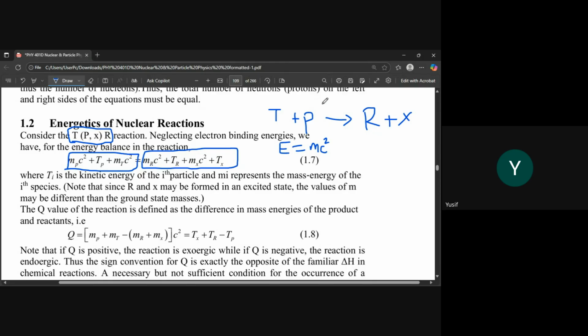So at the end of the day, the energy of this is going to be m of T, the mass of the T atom, times c squared, plus the mass of the proton times c squared, and that must be the same as what is over here. So the total energy at this side has to be the same as the total energy at this side.